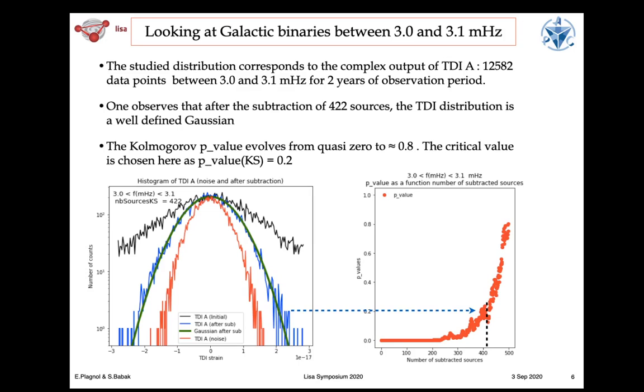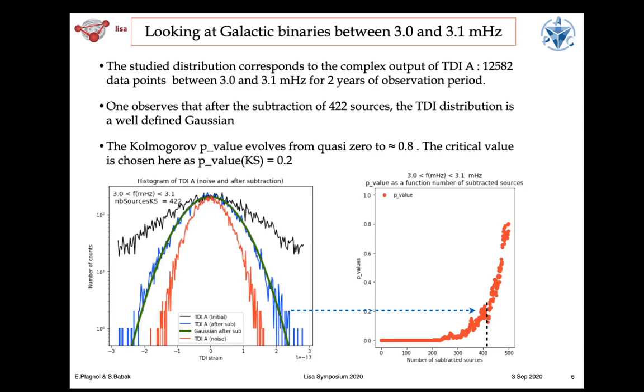On the right-hand side, we are looking at the evolution of the Kolmogorov p-value as a function of subtracted sources. Initially, before subtracting any source, the p-value is extremely small, but as the number of subtracted sources increases, we see a slow rise where we cross the value of 0.2 that we adopted for our test, and eventually we reach higher values for the p-value.